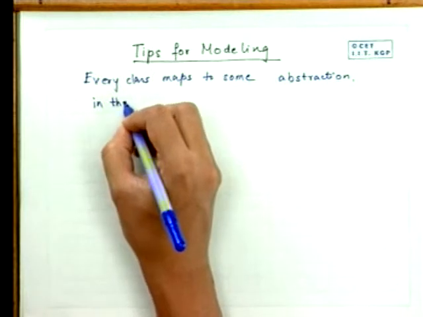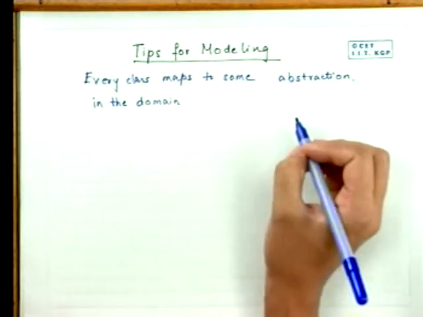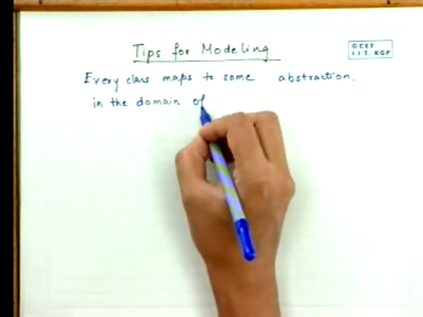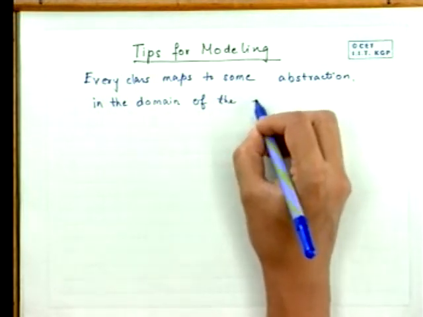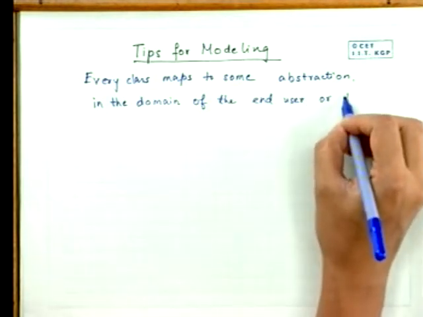And the abstraction must be either in the domain of the problem, the domain of the end user of the problem, or in the domain of the solution, what is of use to the implementer. So every class maps to some abstraction in the domain of either the end user or the implementer.